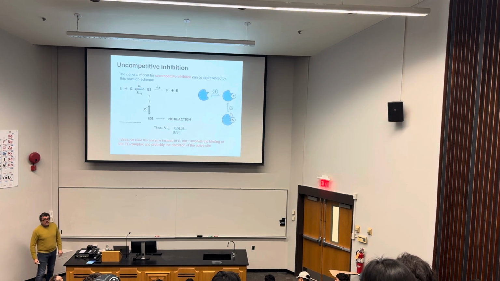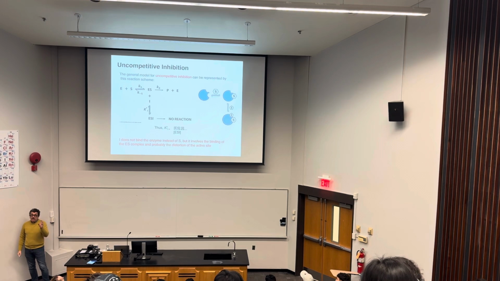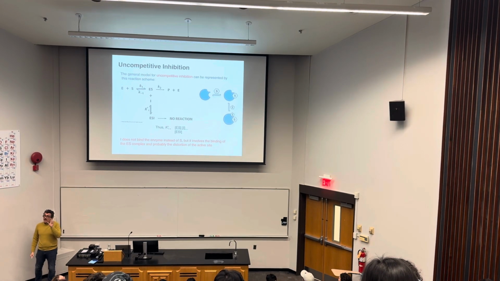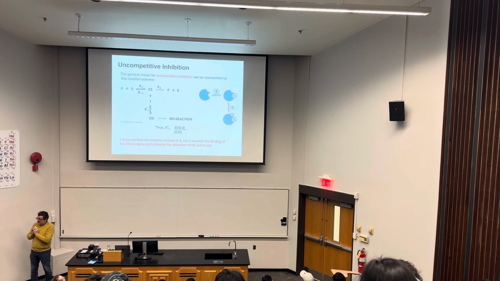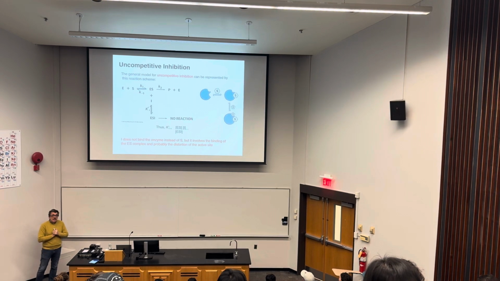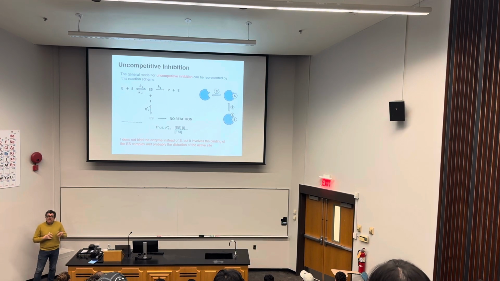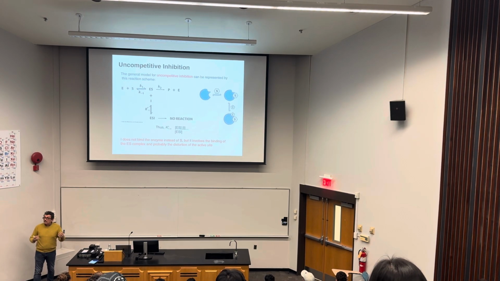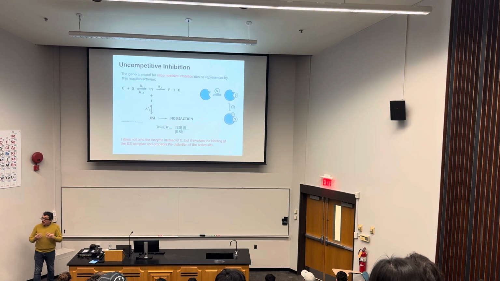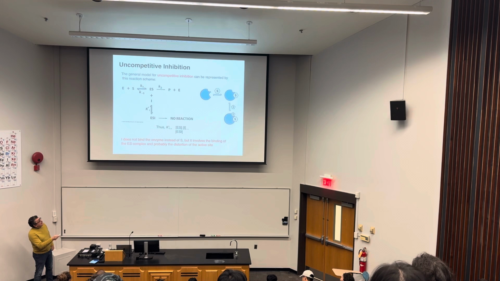Uncompetitive inhibition. Now the inhibitor doesn't necessarily need to bind the binding site of the substrate. It can bind nearby, or even the catalytic site if it's not the same place. When it does that, it's stopping the reaction. So this means that it doesn't matter if the substrate and the enzyme are already binding each other or not, the inhibitor could still bind, because once that happens, the reaction is stopped anyhow.